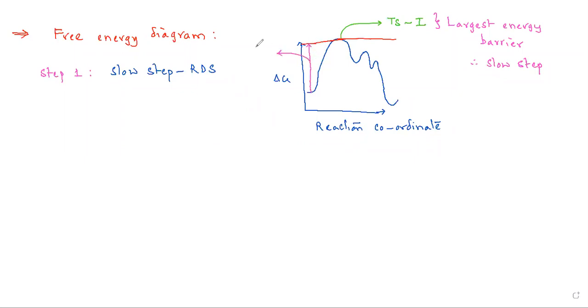Say this is the activation energy needed for the reaction. This can be given as delta G1 for the first step. In fact, here itself we have shown the energy barriers for the second and third steps also. Let us take them separately now.